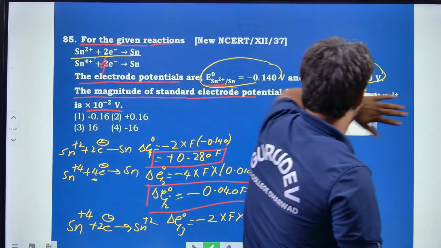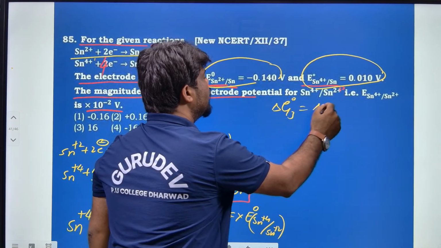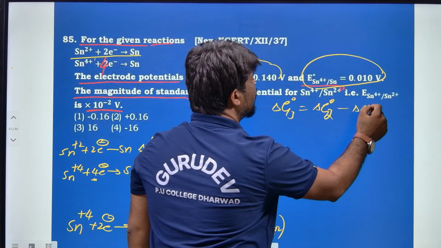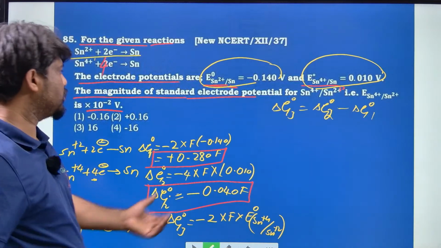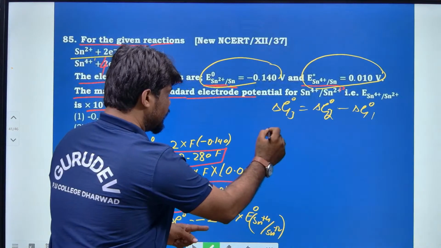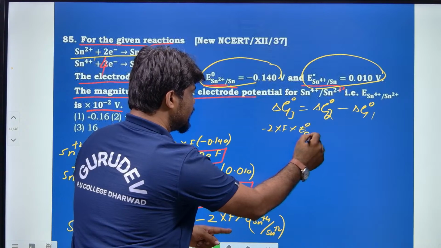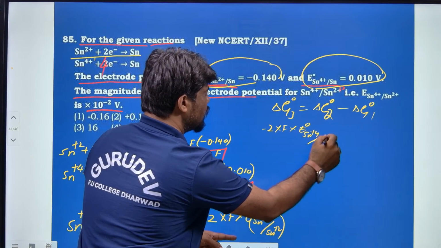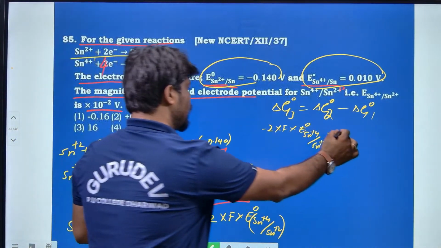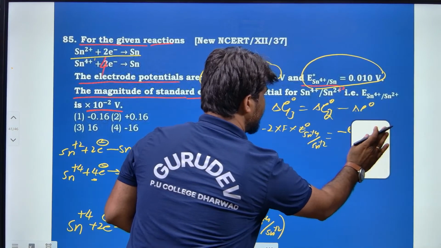On following which method? Just make delta G3 equal to delta G2 minus delta G1. Just substitute the value and do the calculation. Delta G3 is minus 2 into F into E naught for Sn4+ to Sn2+, equal to delta G2, which is this value, minus 0.040. I'll write one more time.